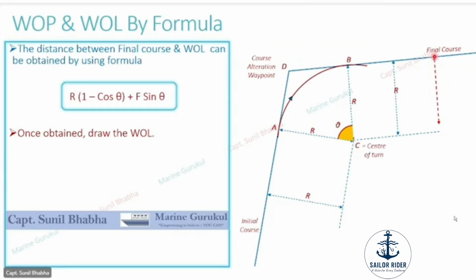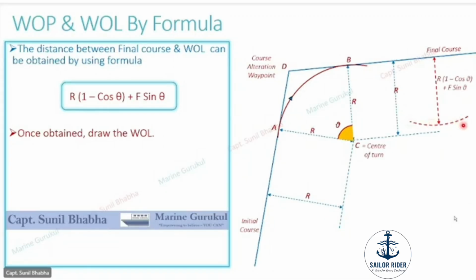Now we open up our compass equal to this distance which has been obtained from the formula. The compass is centered at this point, the radius equal to r into (1 minus cos theta) plus f sin theta, and we draw an arc. You can see this arc coming up.